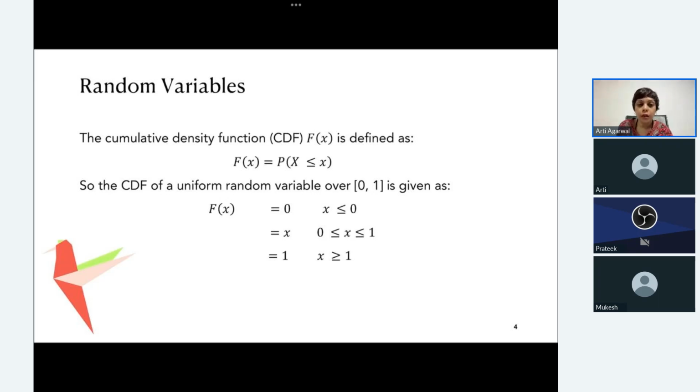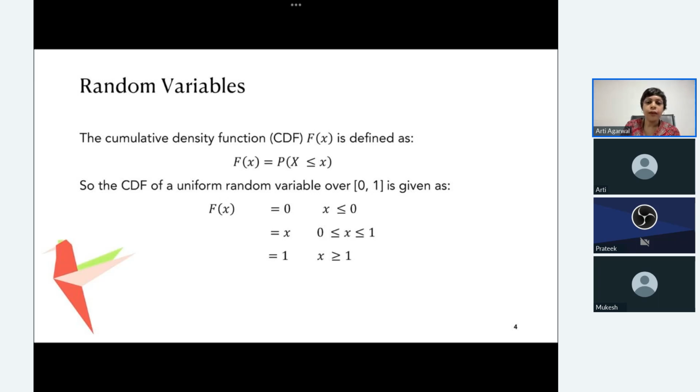So don't get confused. This is the difference between CDF and PDF. But this CDF is useful because many times you will find we are in a situation where we have an expression in such a format: the probability that capital X, or V, or B, or something is less than something, right? I've used the notation capital X and small x here, but in your mathematical calculations it may be something else. But the expression will be of this form: the probability that some random variable is less than or equal to some other value is nothing but the CDF.